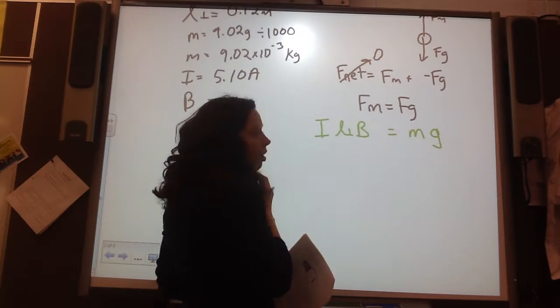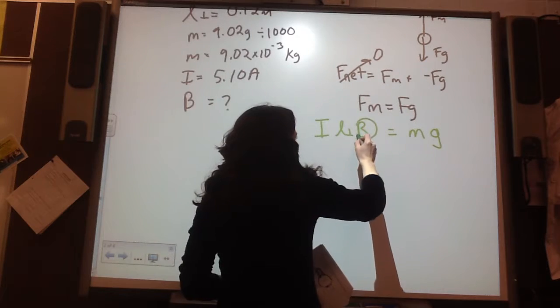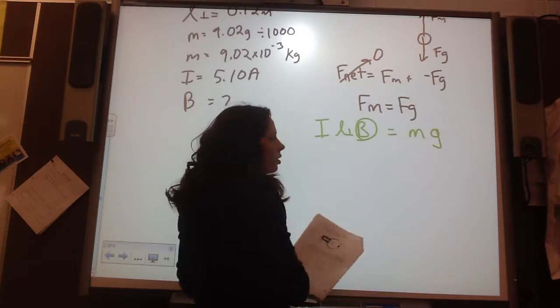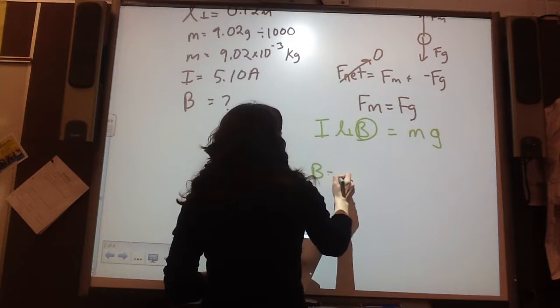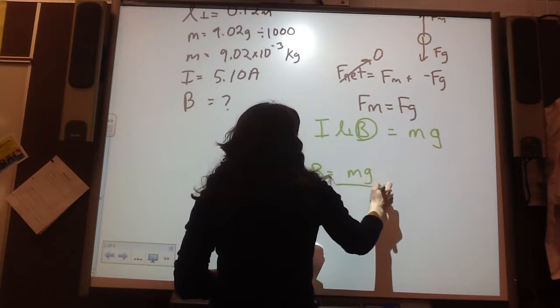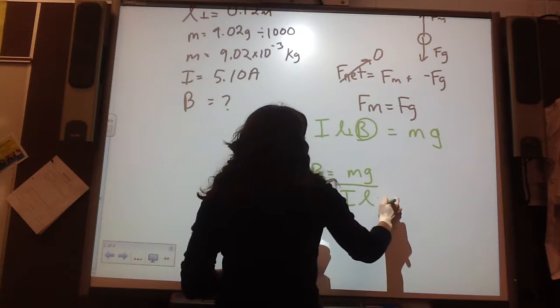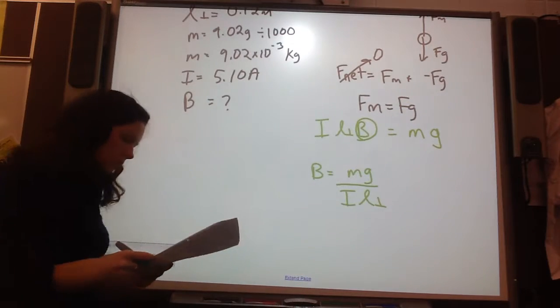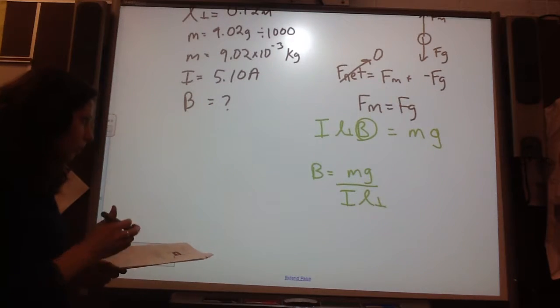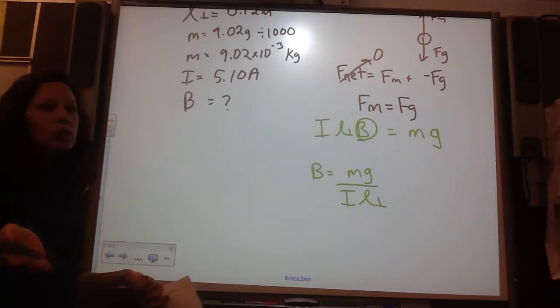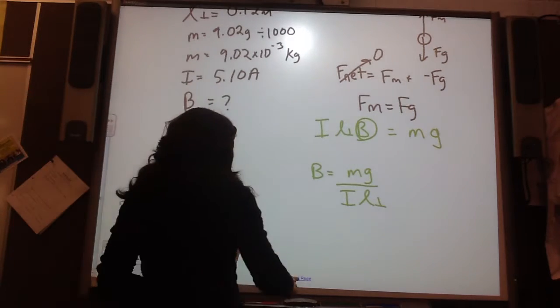So I want to solve for my B, so I'm going to rearrange. So B is equal to m times g over I times L perpendicular. So now I can just plug in the data that I'm given.